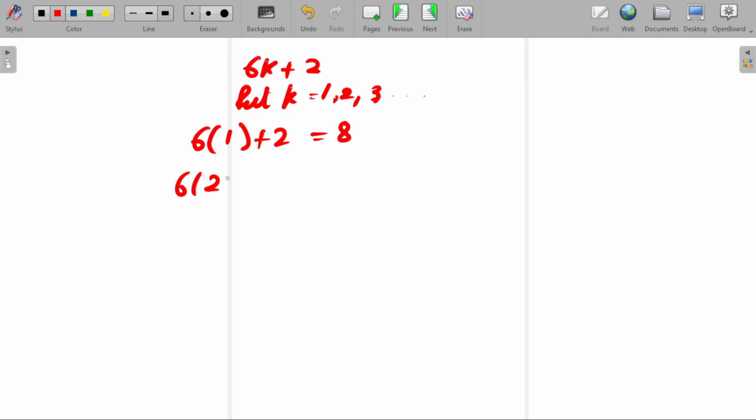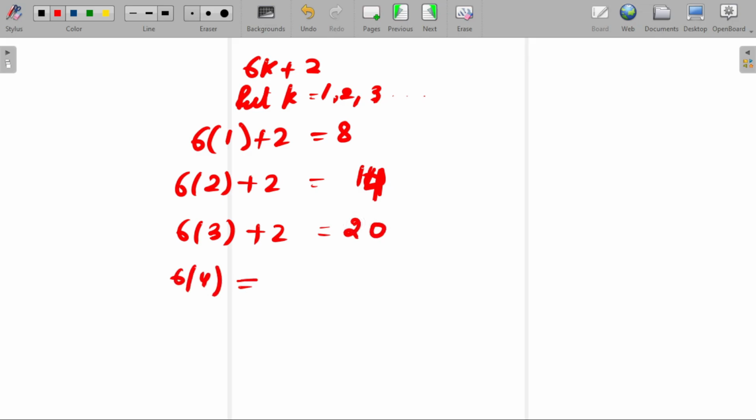By putting 2, we will get 14, right? Then 20. By putting 4, this is 26. So the series will be 8, 14, 20, and 26.